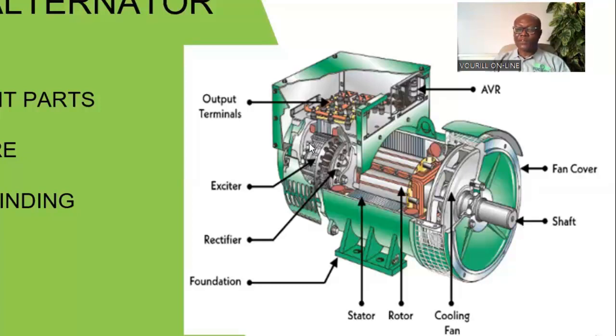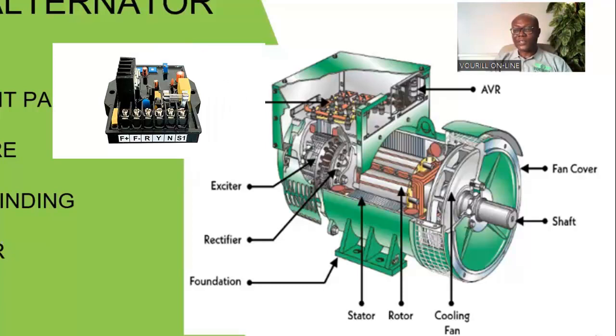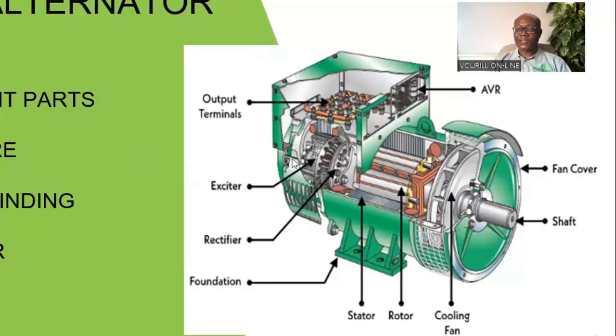Then this exciter, like we said earlier, is a smaller generator, which means its own field also needs a DC voltage supply. The field winding receives its DC voltage supply from this unit, that is the AVR. The AVR receives its power from the output of the generator and converts it into the DC voltage required by the exciter field.